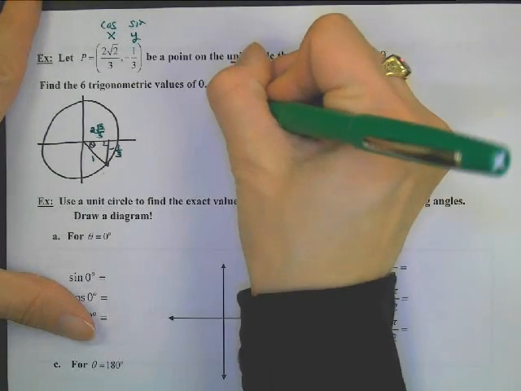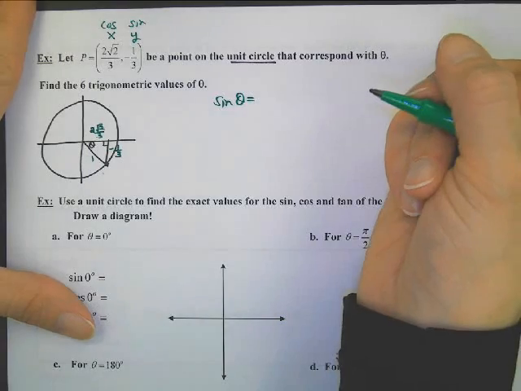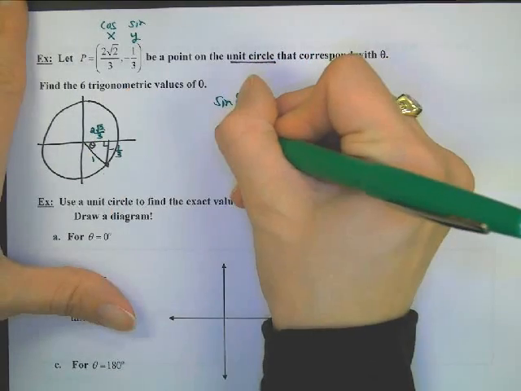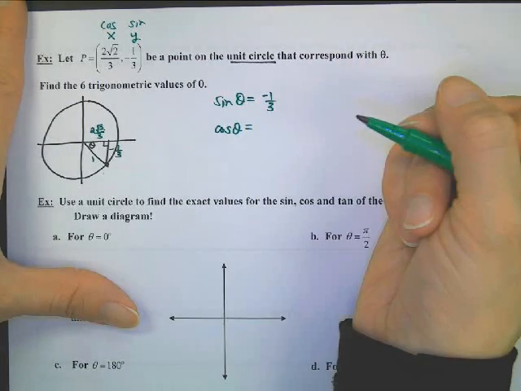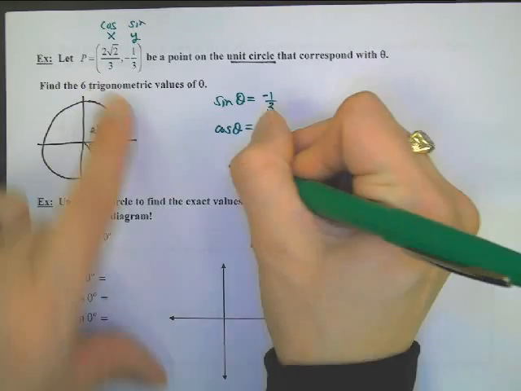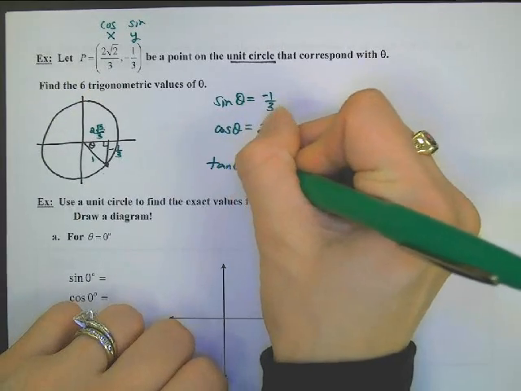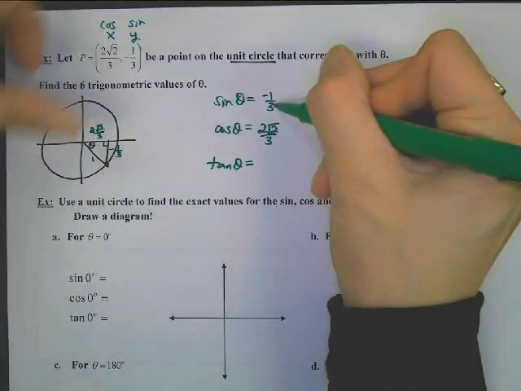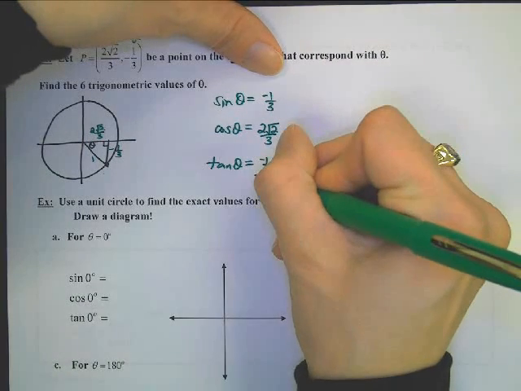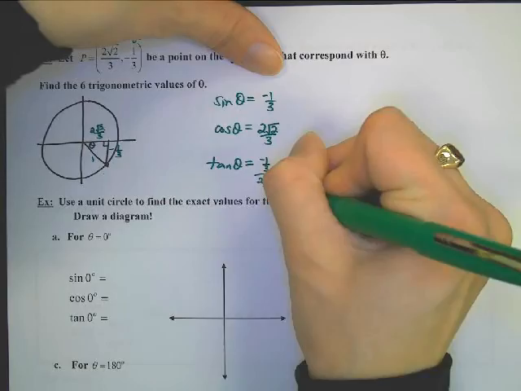Okay, I say sine, you say y, negative 1/3. I say cosine, you say x, 2 radical 2 over 3. I say tangent, you say sine over cosine, negative 1/3 divided by 2 radical 2 over 3.